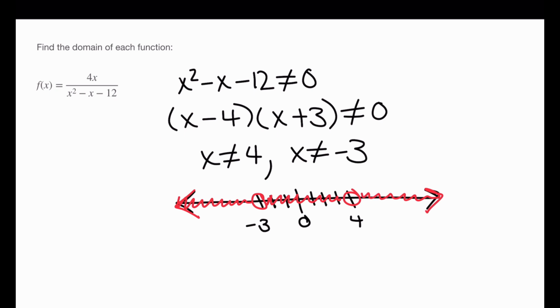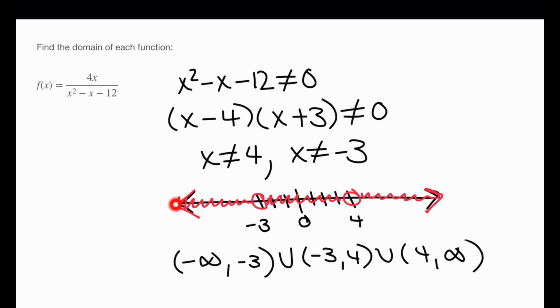I'm going to draw this on the number line and then put it in interval notation. So my domain is every single number on the number line, but I'll put a circle at negative 3 and a circle at 4 because we are not including those values. To put this in interval notation, I'm just going to read my number line from left to right. So I've got 3 chunks. I'm going to have to write this as 3 intervals.